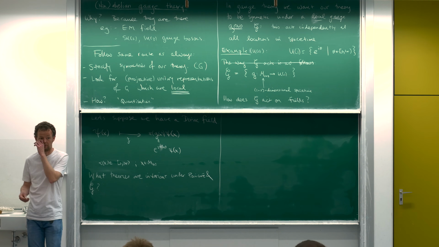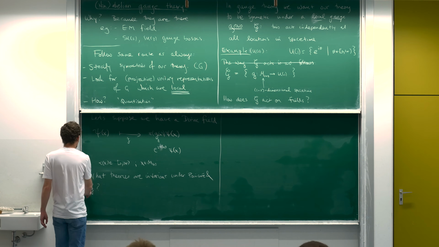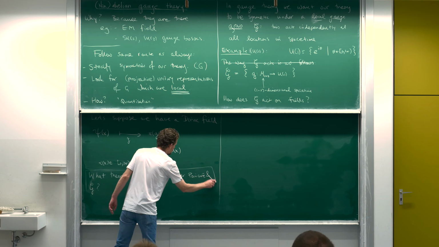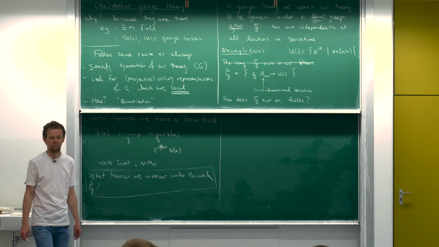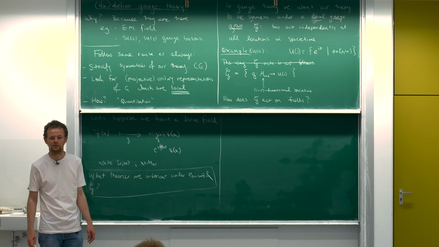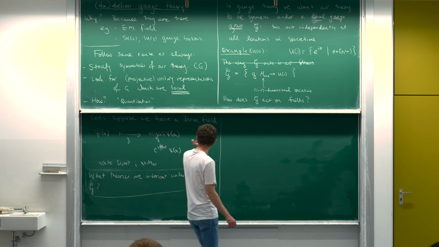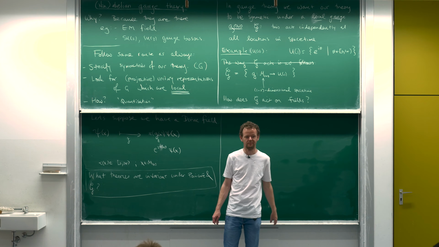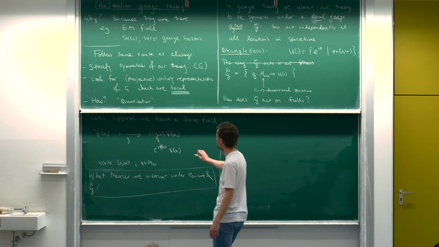All right, well, we come to the big question, right? Can we build at least classical theories that are invariant under local gauge and the Poincare group? We still insist on Lorentz invariance. What theories are invariant? Well, we're going to have some problems. Maybe it's not obvious what the problems are, but we'll go into these problems in a second.